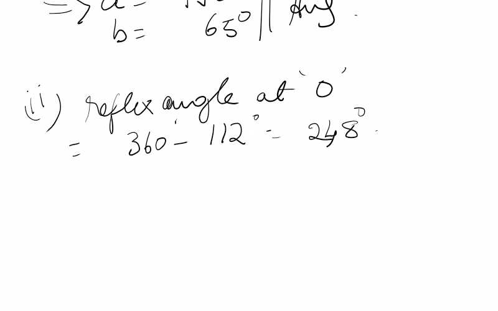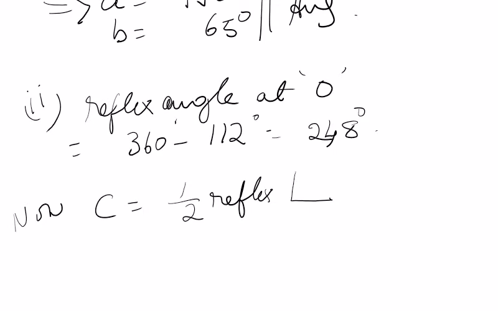So now there was the C. So now C is equal to half, or if you do not understand, you can write double also. Reflex angle equal to 2C, or C is equal to half reflex angle 248.